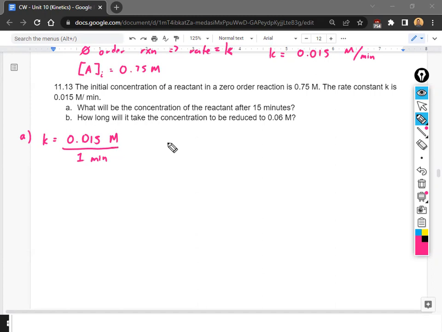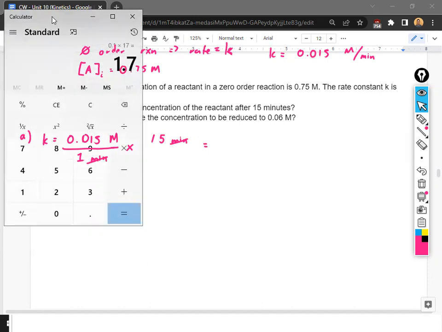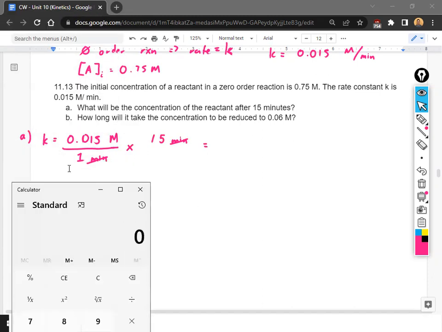Pretty simple from here. All you got to do is take your K value and multiply it by the time that's going to elapse, which is going to be 15 minutes. Minutes cancel out, and that's going to give you how much the molarity is going to decrease. 0.015 times 15 means your molarity is going to decrease by 0.225 molarity total.